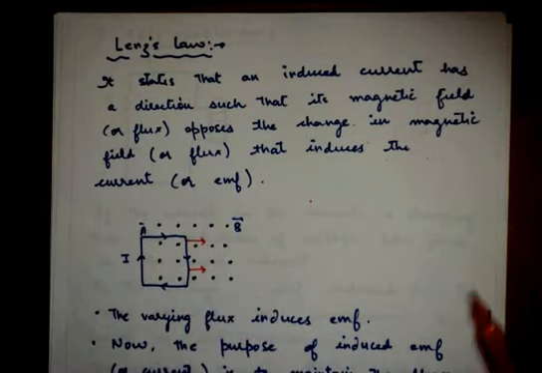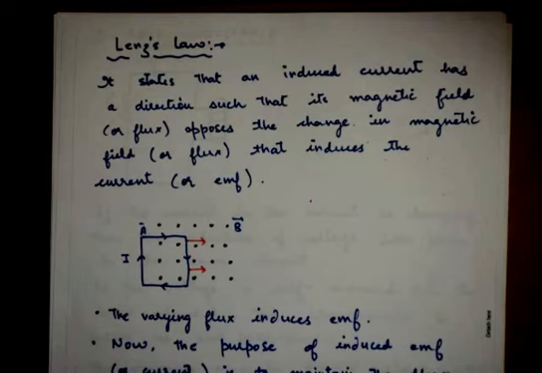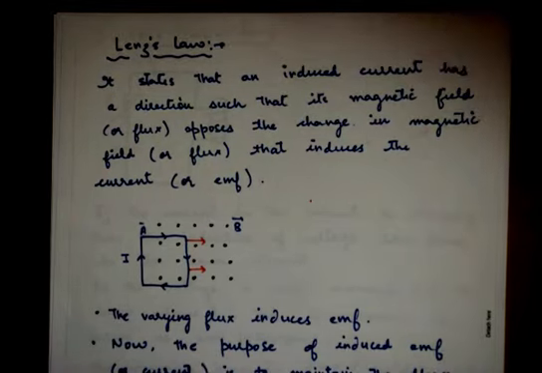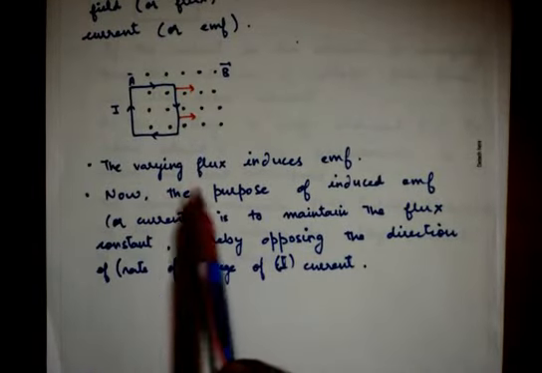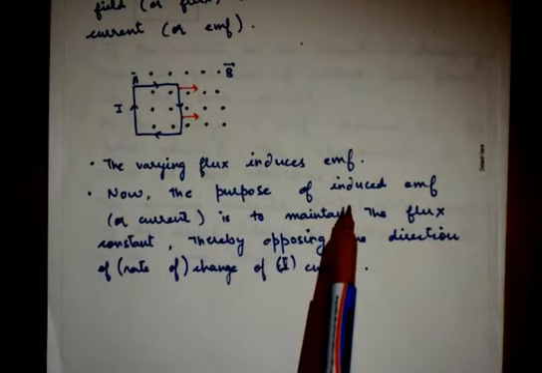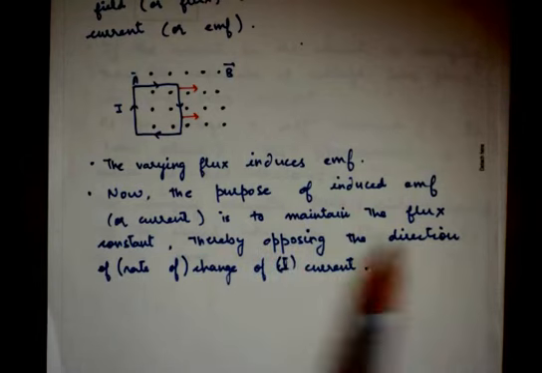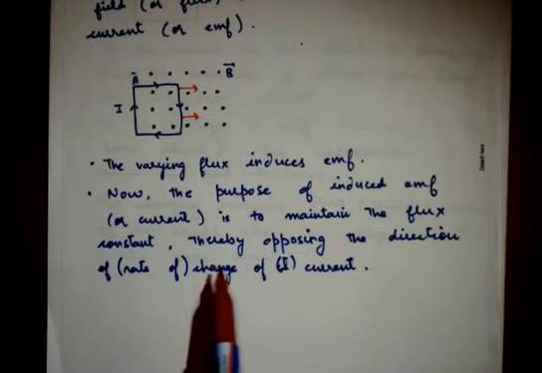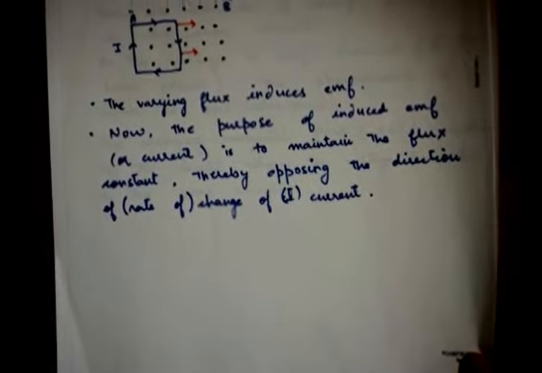As we know, Lenz's law tells about the direction of the induced EMF or the induced current. The varying flux induces EMF. Now, the purpose of induced EMF or current is to maintain the flux constant, thereby opposing the direction of rate of change of current.